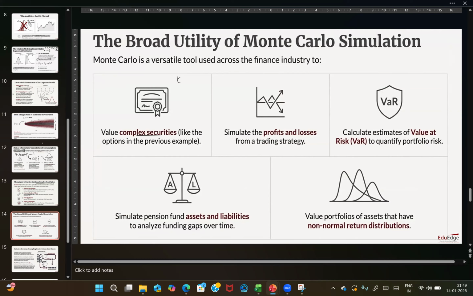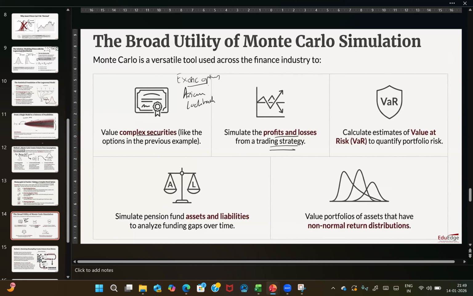I've just given you the example of exotic options like Asian options or lookback options, where you can use Monte Carlo simulations to value these options. You can also simulate future profits and losses from a trading strategy using Monte Carlo simulations and check how it performs out of sample, and how robust the strategy is.